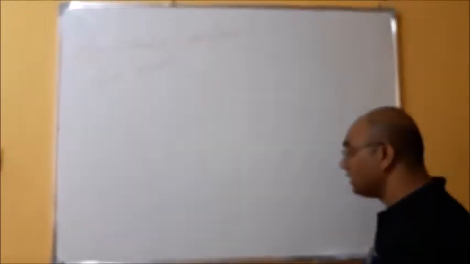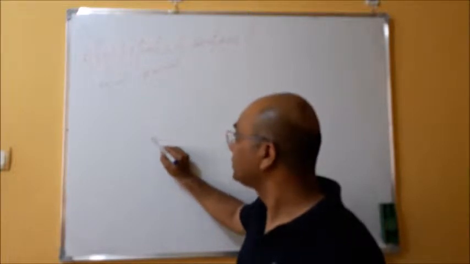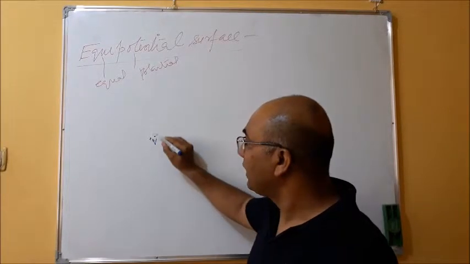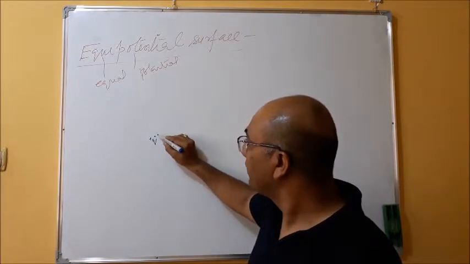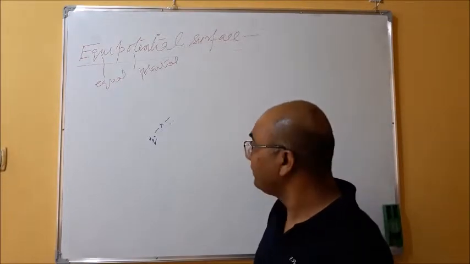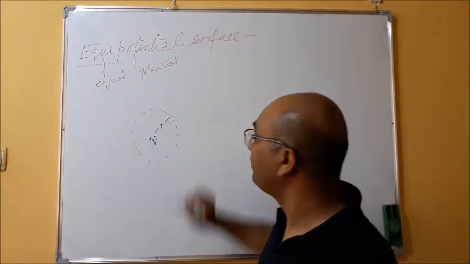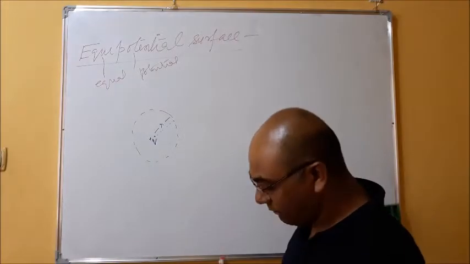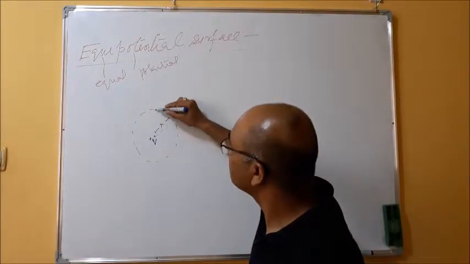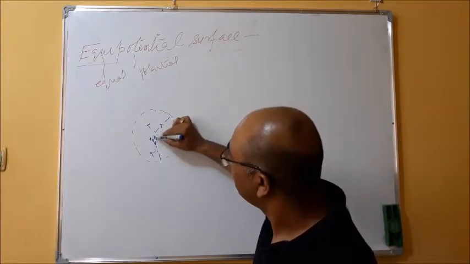To understand this, let's see, we have this point charge plus q. If I draw a circle at a distance r, at every point of this circle the distance is also r, this is also r, this is also r.